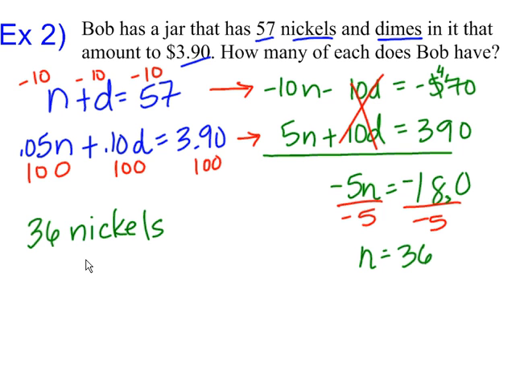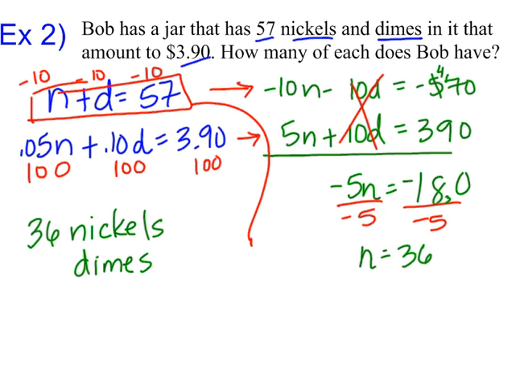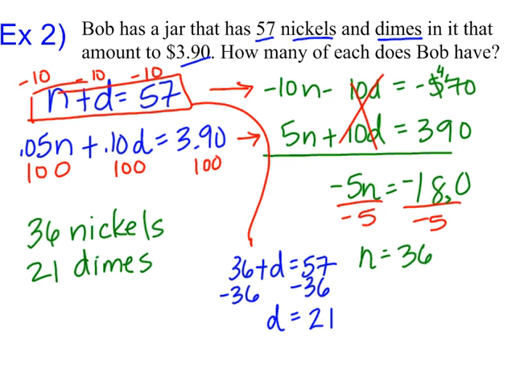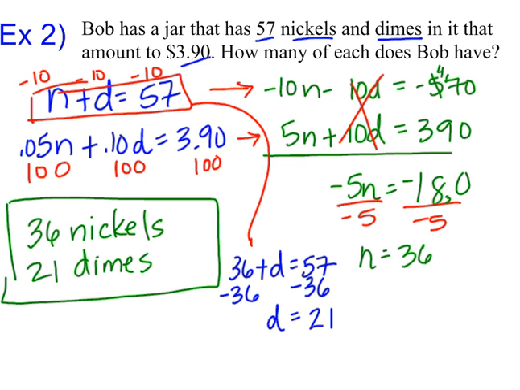We need to find out how many dimes we have. Again, we can go back to our first equation up here, n plus d equals 57. So if I know that I have 36 nickels, I can subtract 36 from both sides, and I find out that I have 21 dimes. And there's my answer. So this is how we do a coin problem.